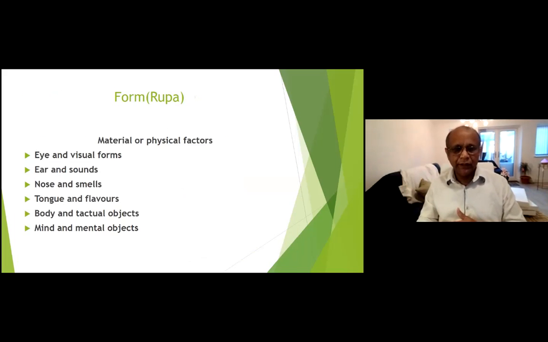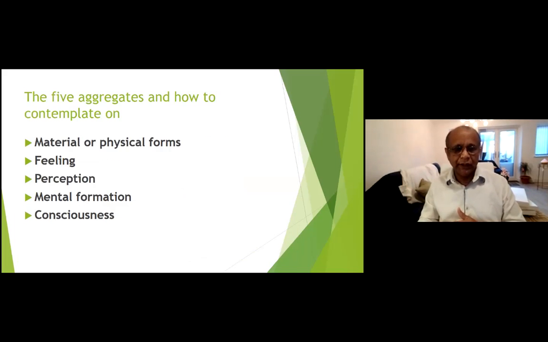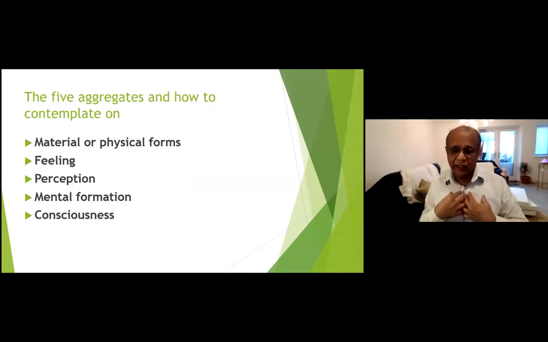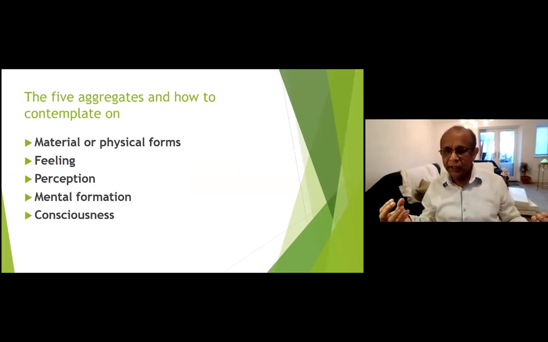Okay, let me put that up for you to understand. So we see in the baby material or physical form. It means the baby and your eye connected with the presence of eye consciousness, you saw a nice baby. So you had a feeling and perception. So what are you going to do now? If it was us, we try to think about the baby. Oh, such a nice baby. If I had this baby, if that baby was my grandchild, how happy I would be.